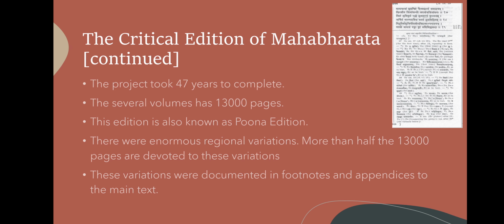You can see the picture here. In this picture, the section printed in large bold at the top is part of the main text, and the smaller print lists variations in different manuscripts, which were carefully catalogued, means put together.